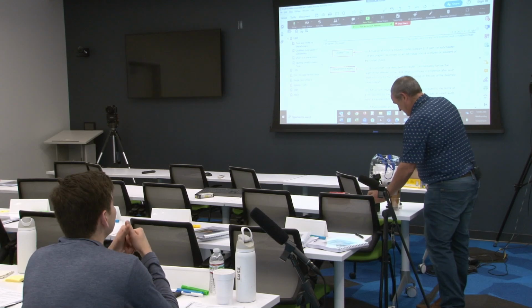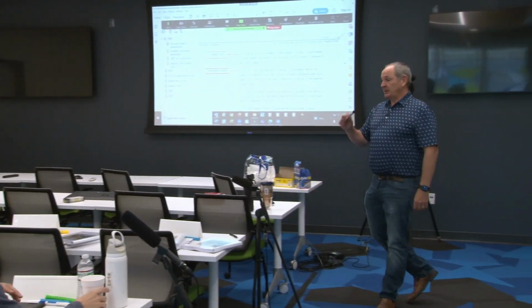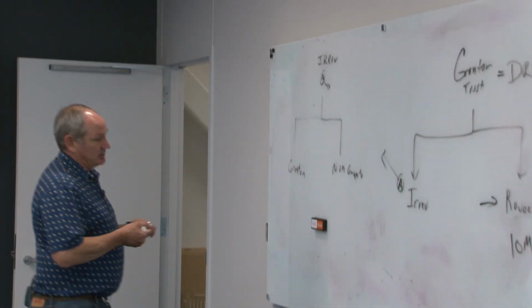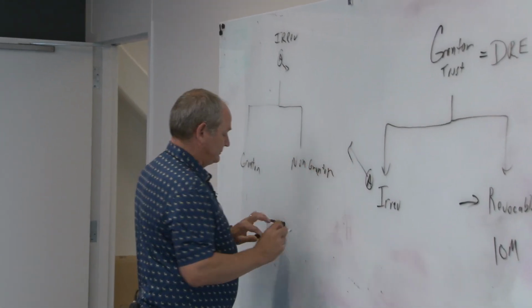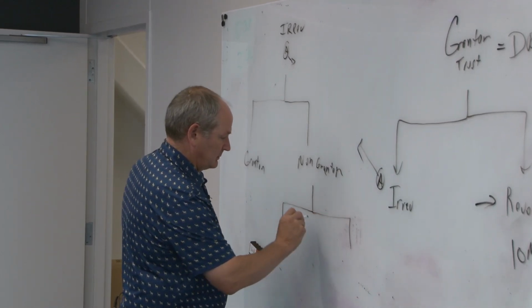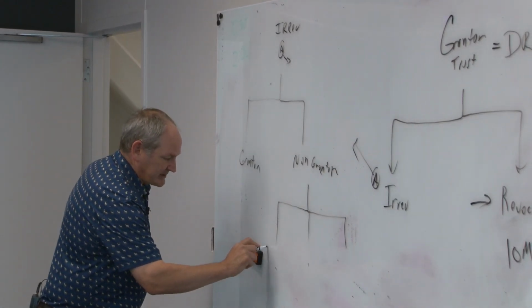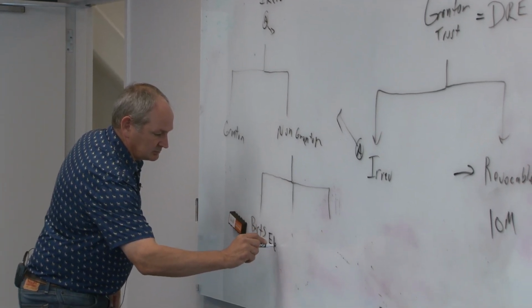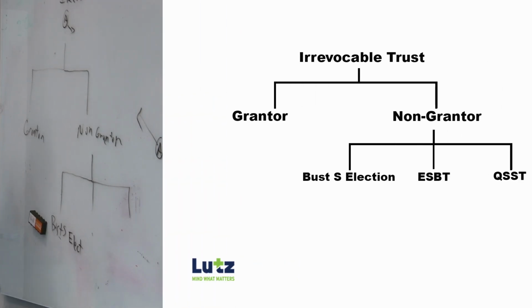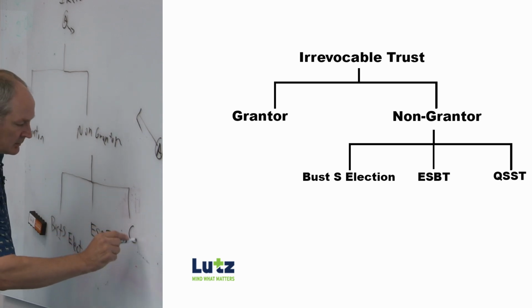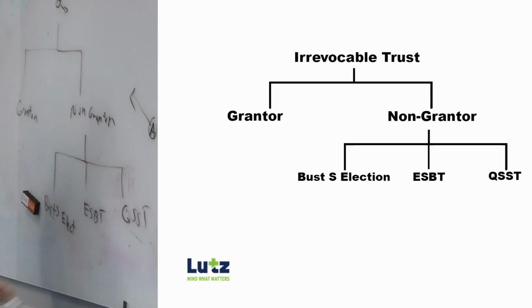Okay, so you need to be careful. And then on the non-grantor side, which we're going to get into, you can bust the S election, or there's the ESBT, or the QSST.